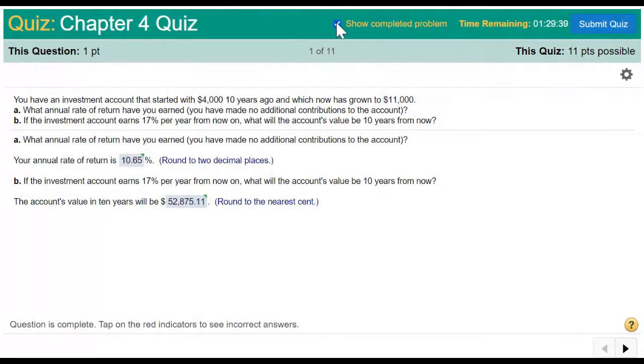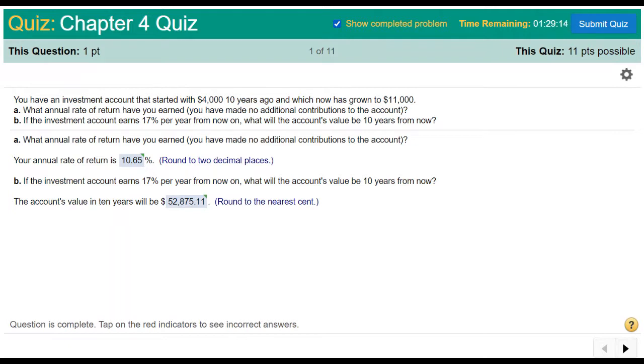So I'm going to talk about this. You have an investment account that started with $4,000 10 years ago, which has grown to 11,000. What annual rate of return have you earned? You've made no additional contributions to the account.